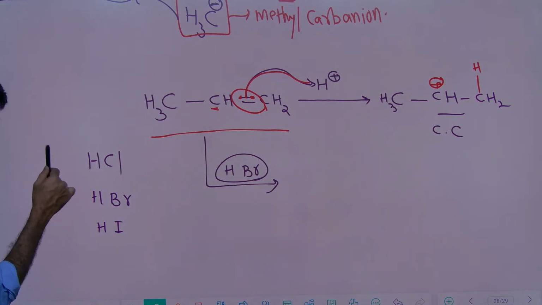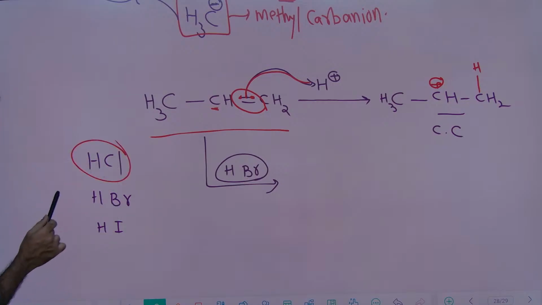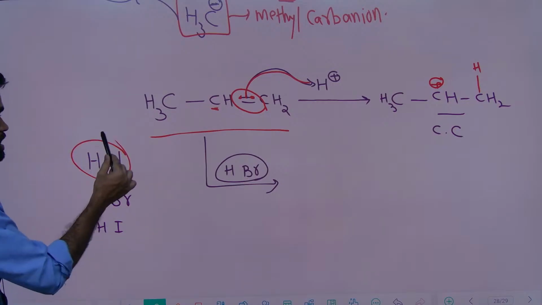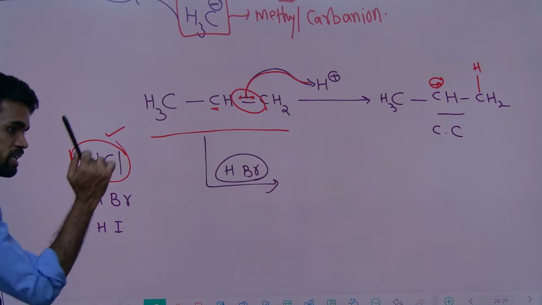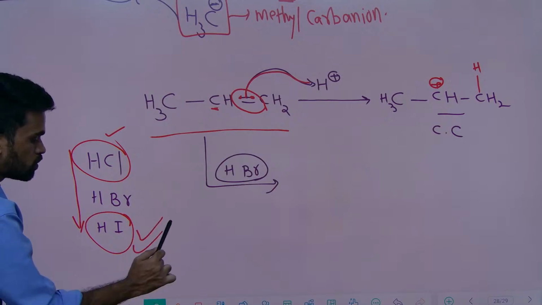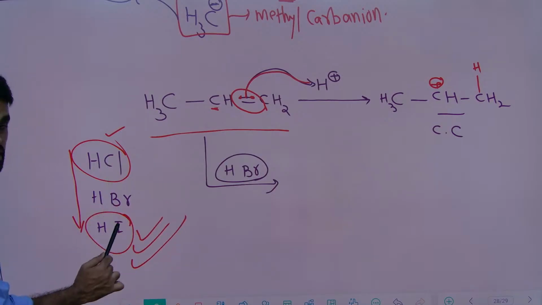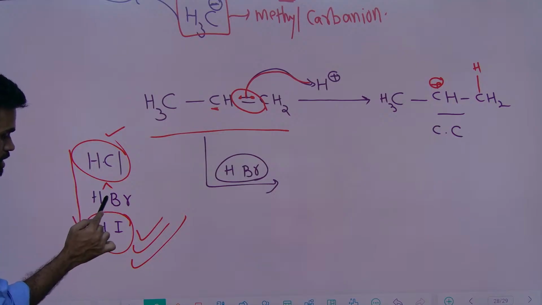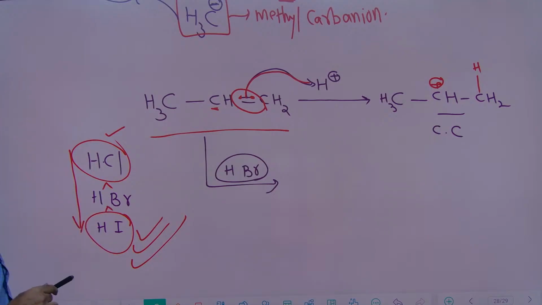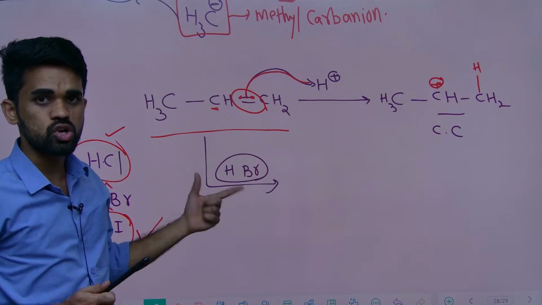Generally we think hydrochloric acid is a strong acid, but as we move down the group, the acidic strength further increases, so HI will be more acidic than the remaining ones. So the acidic nature is HCl less than HBr, less than HI. HBr is a strong acid.